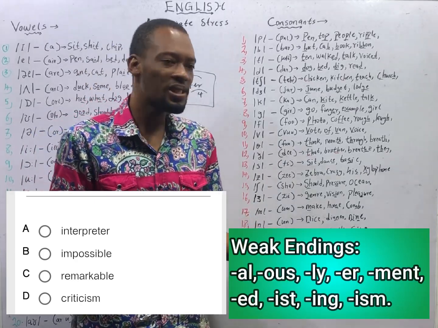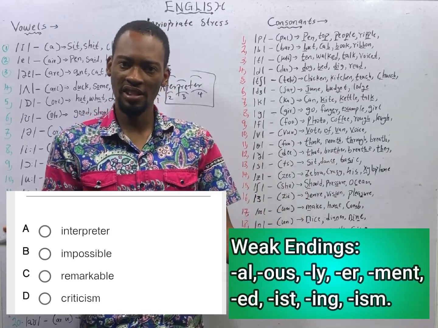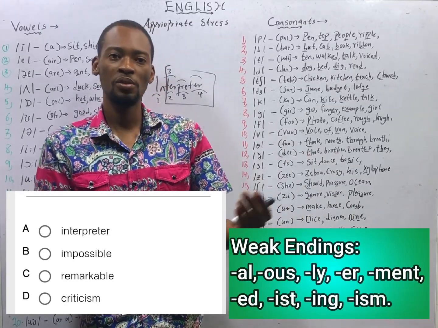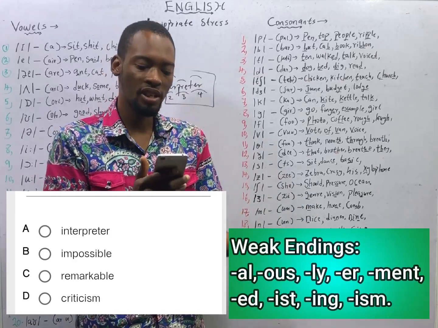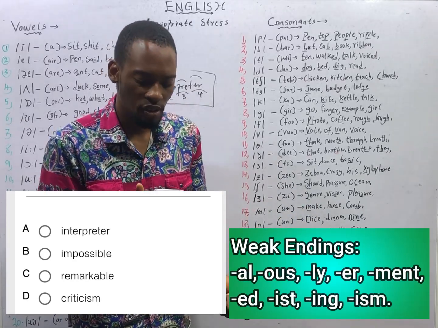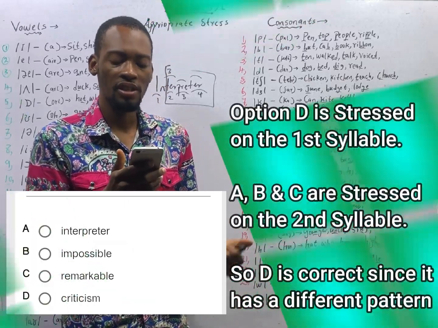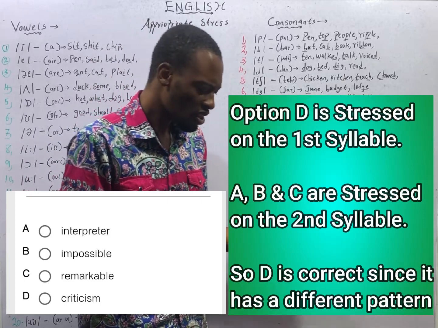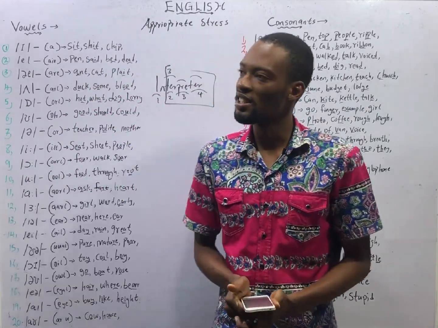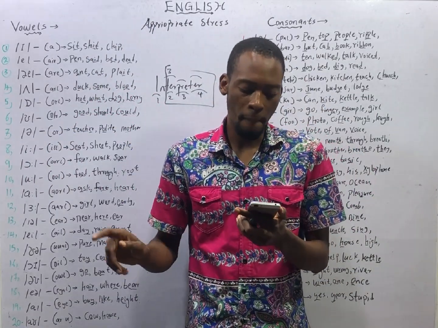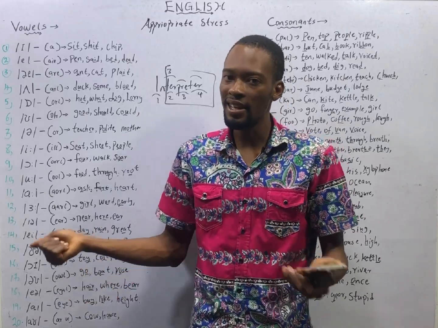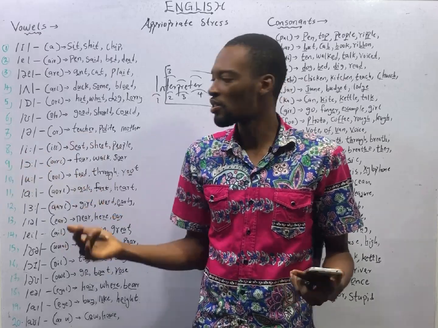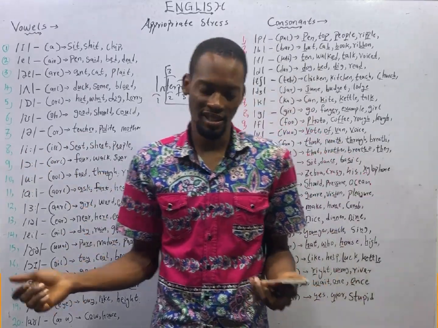Apart from that, critic is a 2-syllable noun or adjective, and 2-syllable nouns or adjectives are stressed on the first syllable. So in criticism, "crit" is stressed instead of the other syllables. And don't forget, when the word ends in er, ly, ism, ment, ing, al, stress the word normally, assuming these endings are not there, because they are generally weak endings.